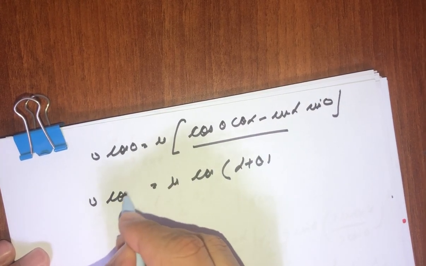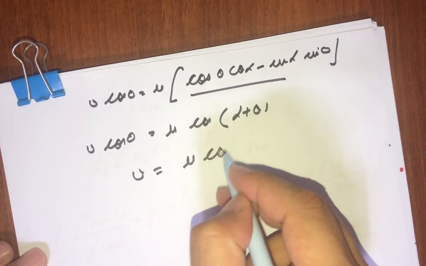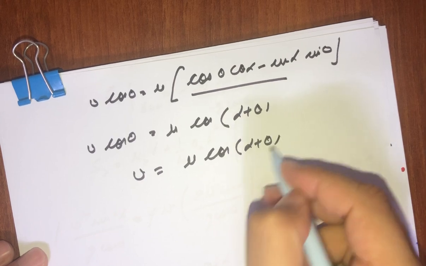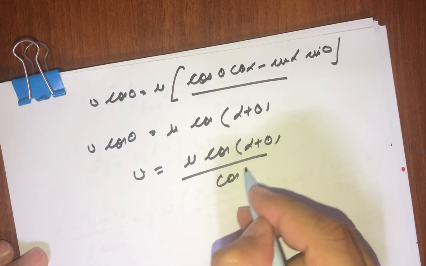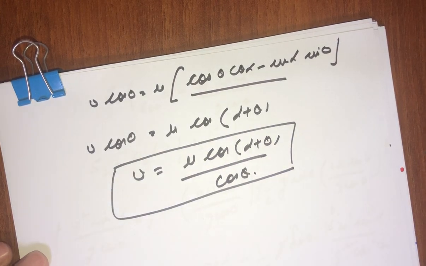So v cos theta is equal to this, so we can write that v is equal to u cos of alpha plus theta divided by cos theta. This is the velocity. Thank you.